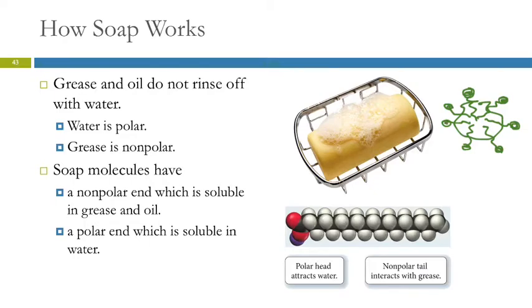So you end up with this globule that has these polar heads on the outside, and the water's like, oh, hey, there's a polar thing. Yeah, come be with us, right? And it can get in among the water molecules, and then you've got the water washing away the grease. And that's how soap works. Any questions? Of course, there's lots and lots of different kinds of soap, and they have different qualities and stuff.